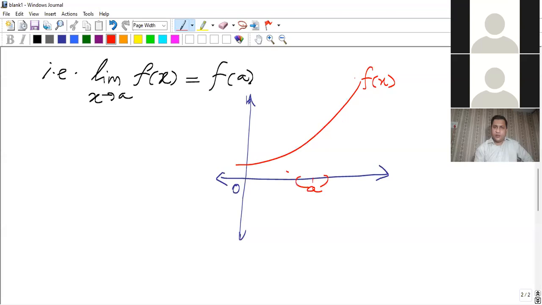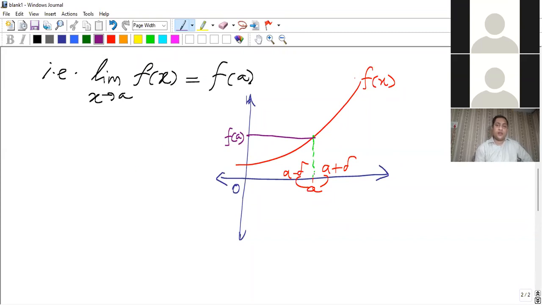So the interval a minus delta, this is a plus delta. And then if I consider this point, this is a point, and this point is exactly f of a.